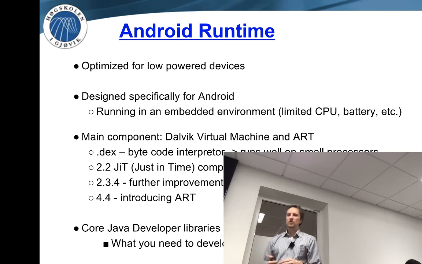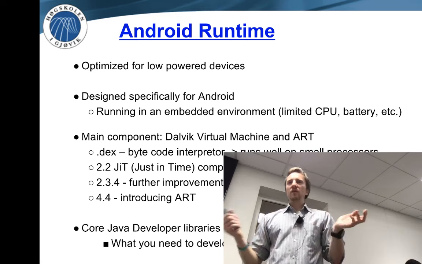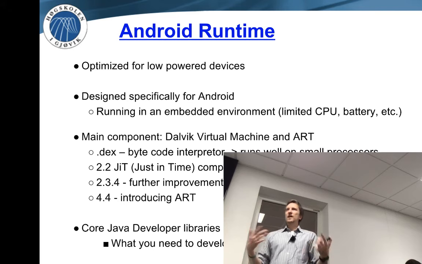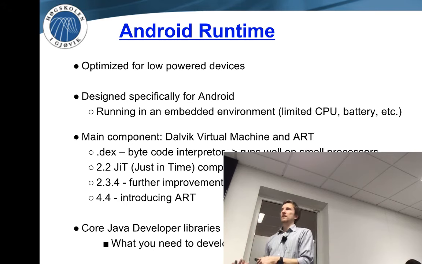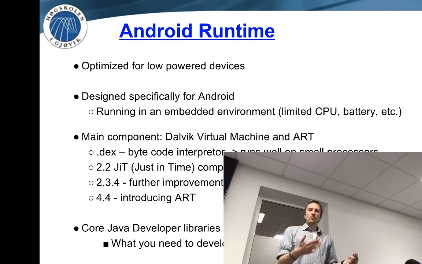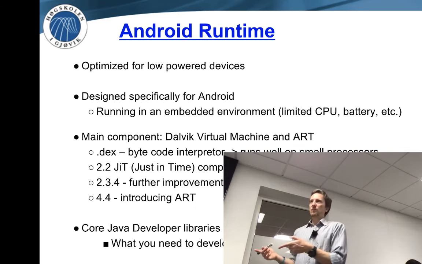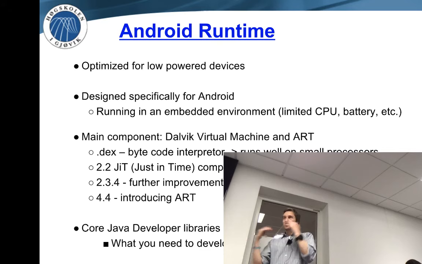So what's the advantage? If you have a complicated game, for example, it will take a long time before everything is compiled and you can run it. But once everything is compiled and you're running it, there are no delays. When you're doing just-in-time compilation, it loads and starts immediately because you're just doing something simple which is fast to compile. But as you use more and more code, you have to compile more and more things.